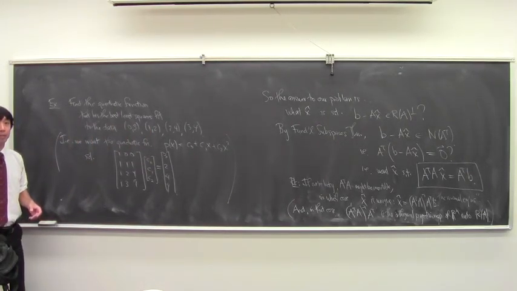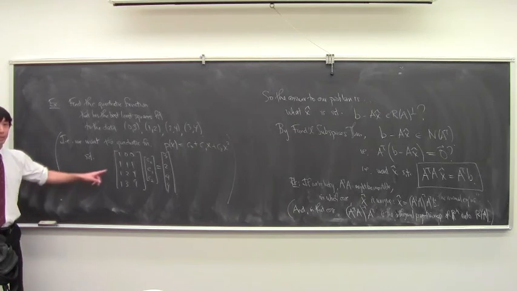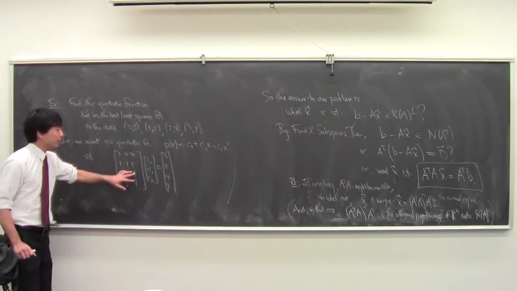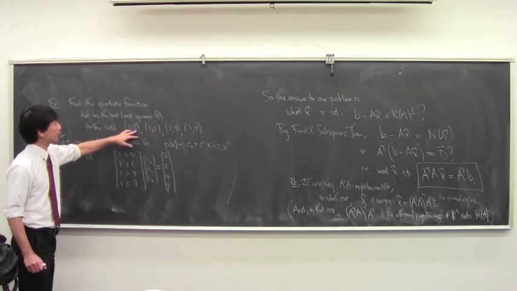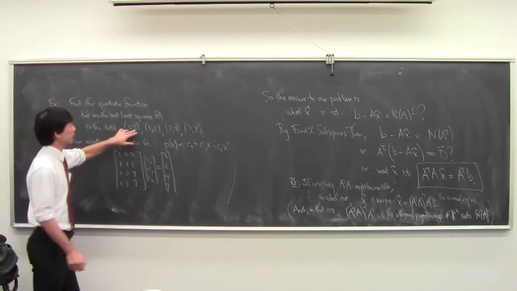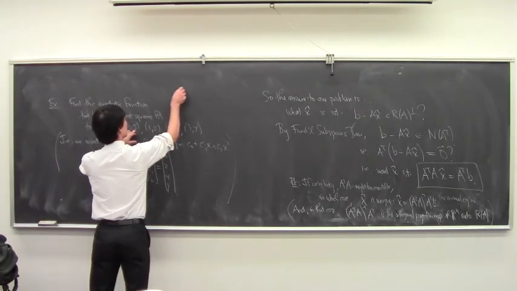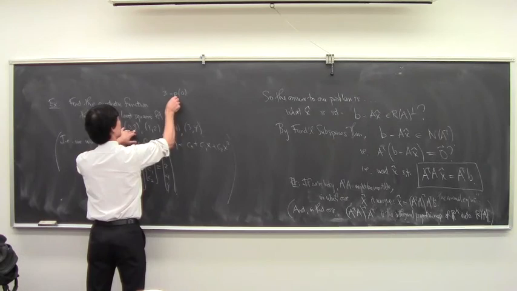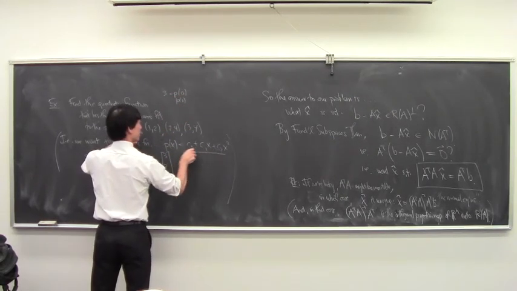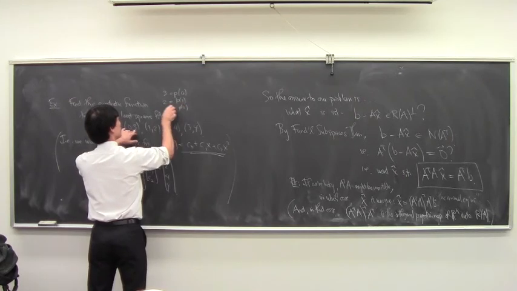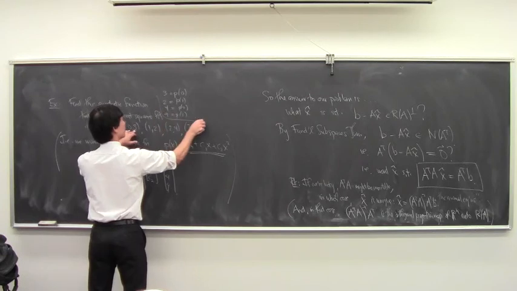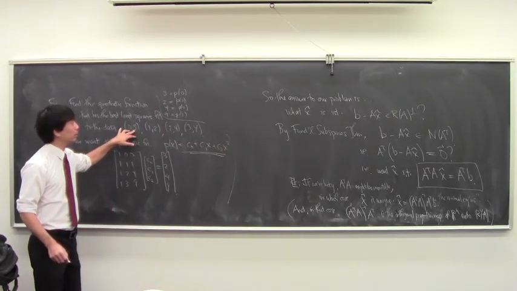Yeah, so the matrix is actually a translation of this request here, right? We want a quadratic function so that p of 0 equals 3, p at time 1 is 2, p at time 2 is 4, p at time 3 is 4.